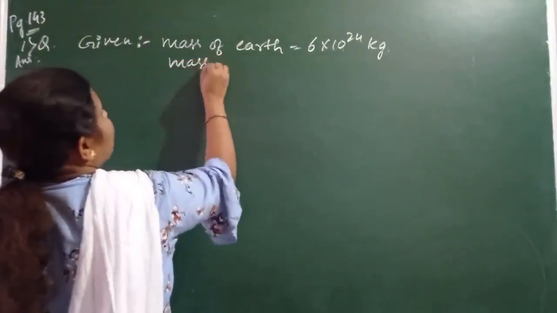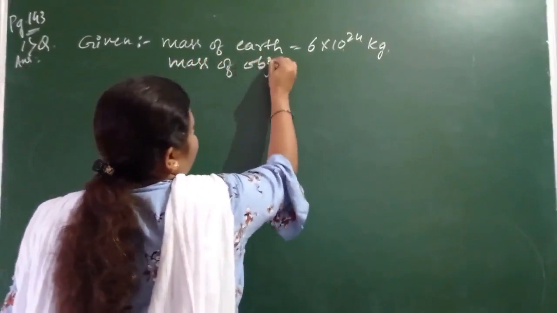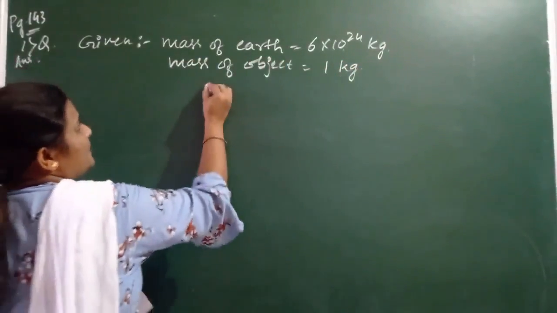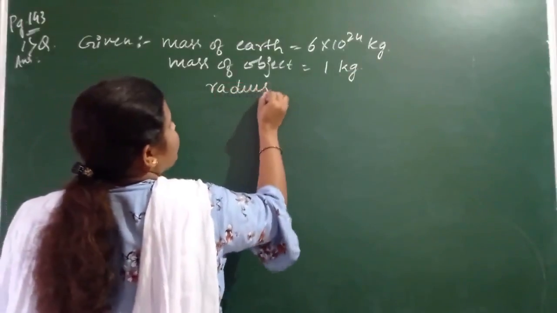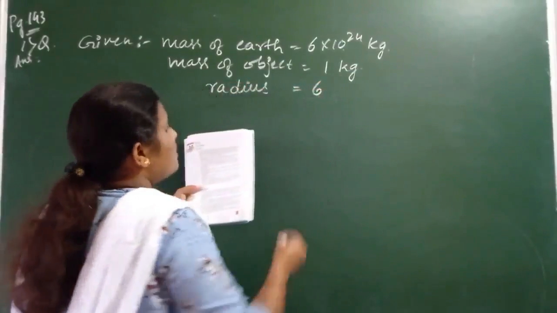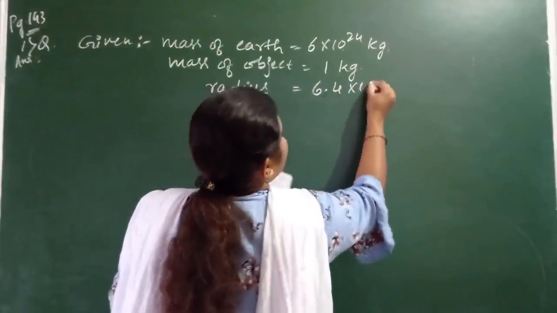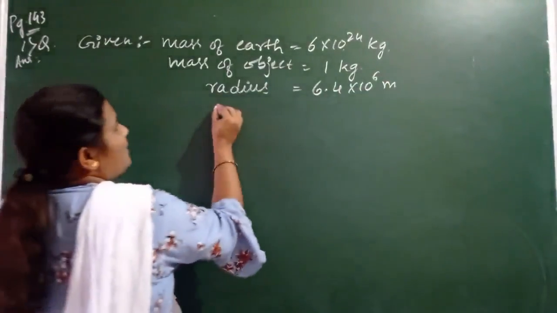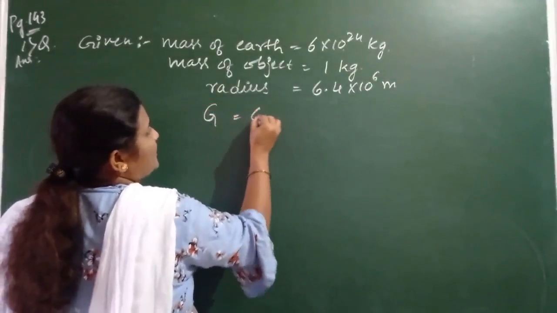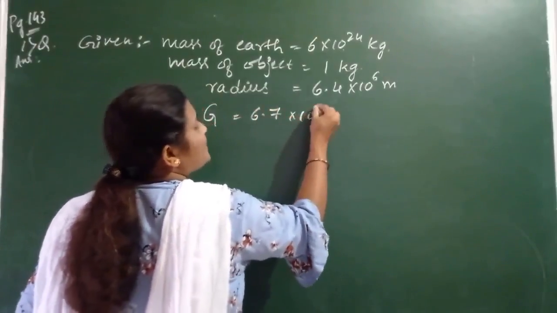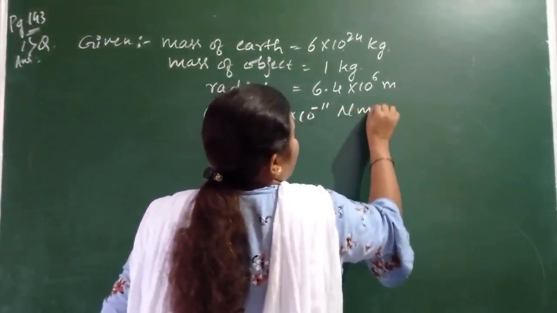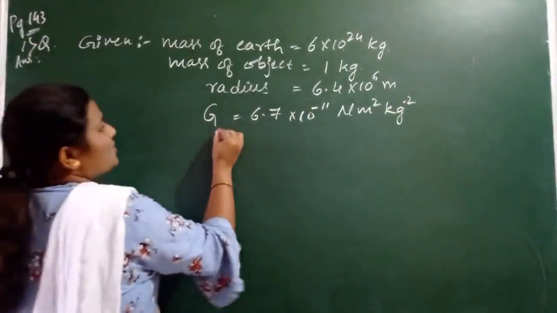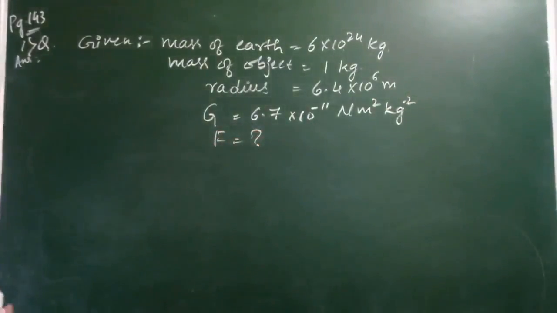Similarly, mass of object is 1 kg. The radius is 6.4 into 10 to the power of 6 meter. And the gravitational constant value we know already, 6.7 into 10 to the power of minus 11 Newton meter square per kg square. So what is the force they have asked? Force is the question mark.